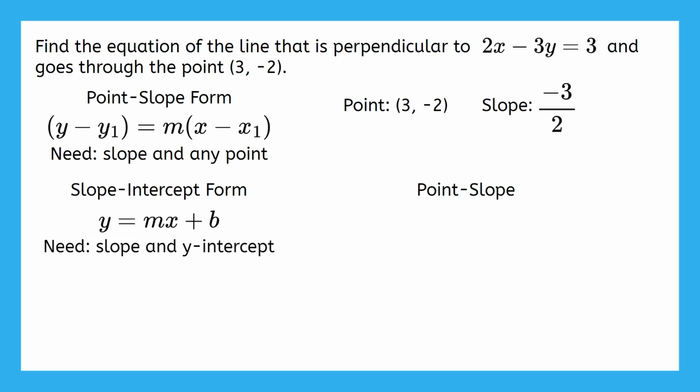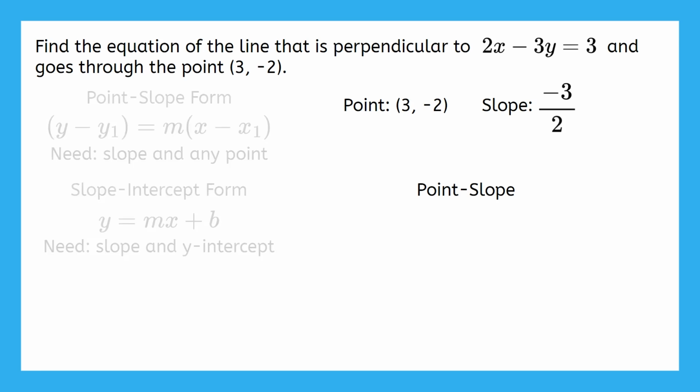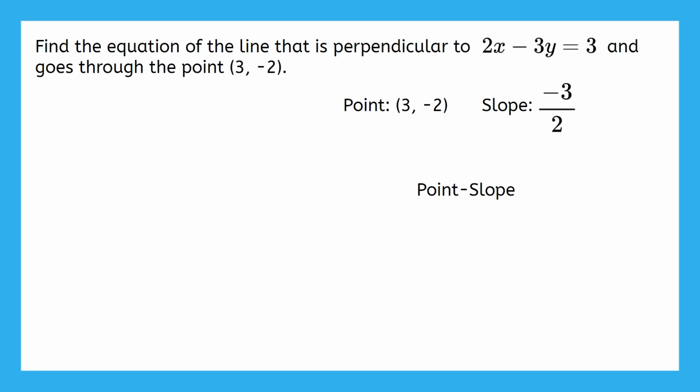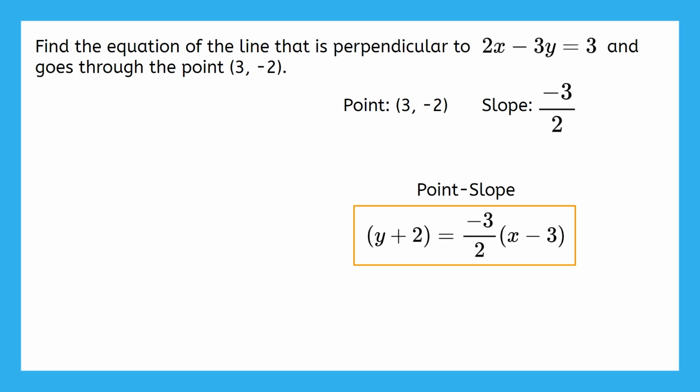You could use our point to substitute into slope-intercept form and solve for b. But why do all that work? We could just take our information and pop it right into point-slope form without the extra steps. Go ahead and put the point and the slope into point-slope form. Does your answer look like mine?